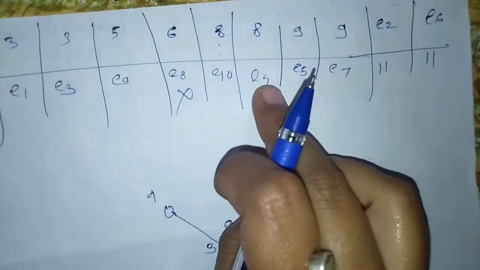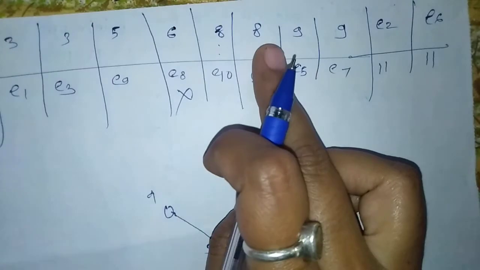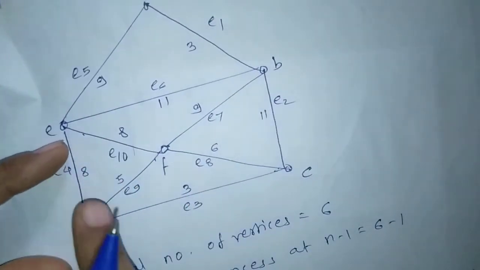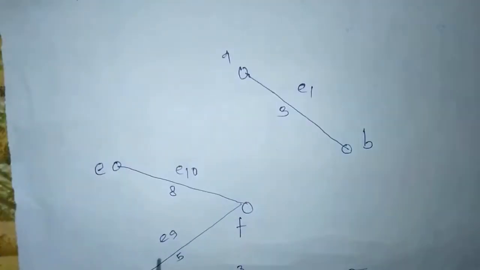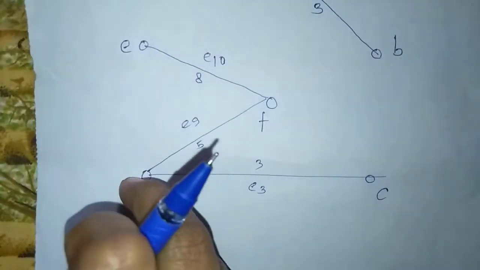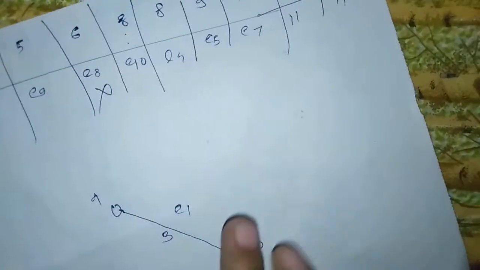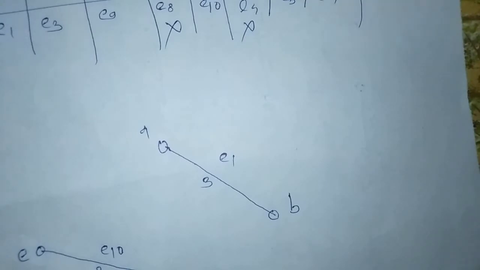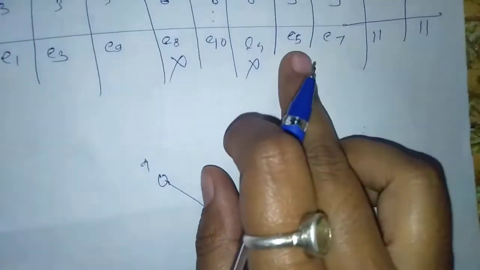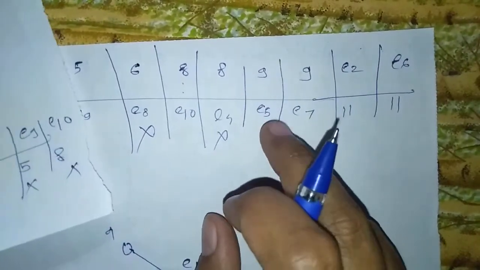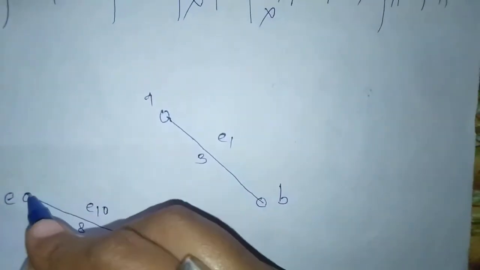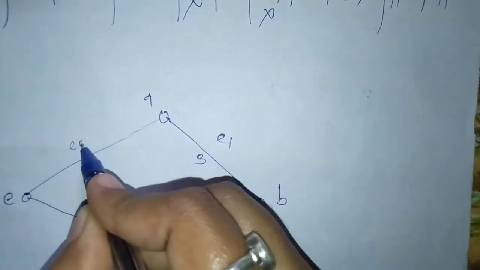Now next E4 with weight 8, but when we choose E4 it becomes a circuit, so we can't choose E4. Next minimum 9, E5. Where is E5? Here. So we choose E5 with 9.